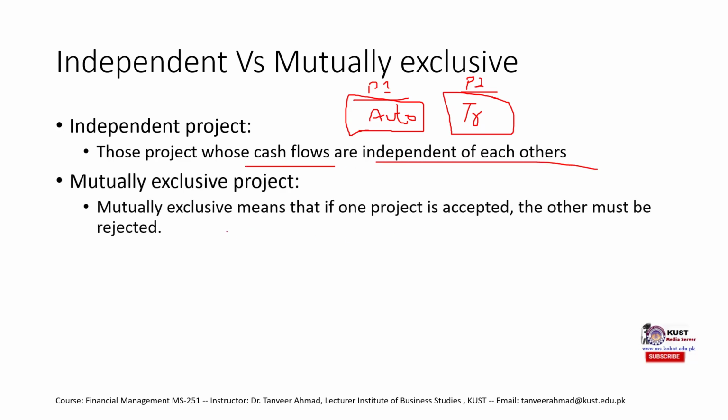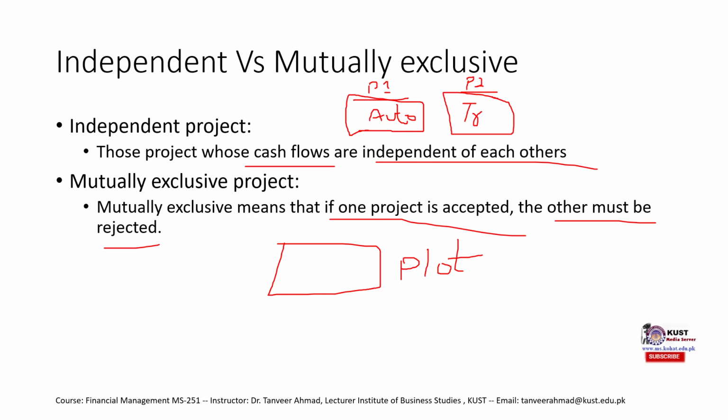Then there is a mutually exclusive project. It means that if one project is accepted, then the other must be rejected. Okay, what this means is that you have a plot. Let's say you have a commercial plot. So you have two projects that you can start.